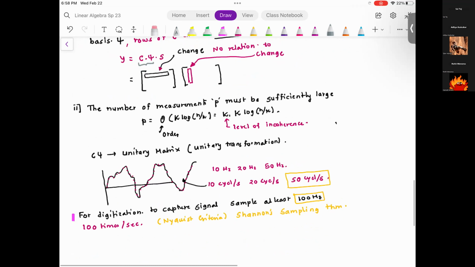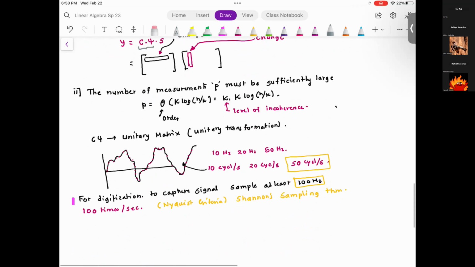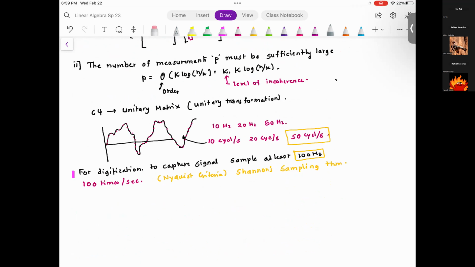And now if I'm going to do the compressed sensing, what's going to happen is, please try to understand, here my sampling is going to be like this.